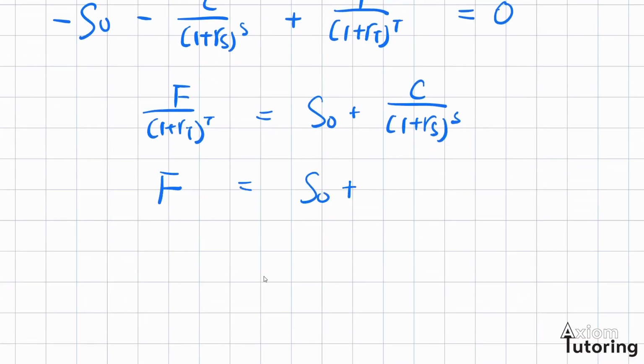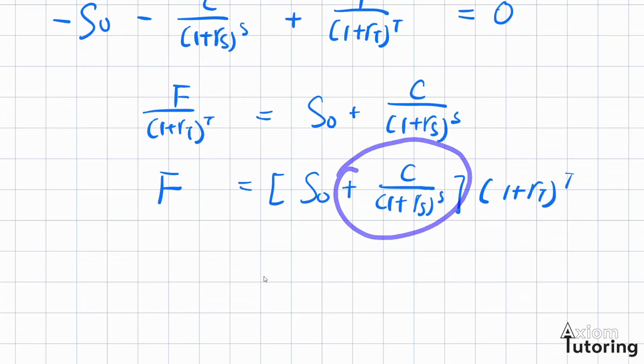So that's going to be S0 plus C over (1+RS) to the power of S, and then altogether times (1+RT) to the power of T. Okay, so the only difference here is that we actually add back the present value of the cost for holding the underlying, as opposed to subtracting the benefits or the dividends if it's a dividend paying stock or the underlying asset pays you a bit of benefits over here.